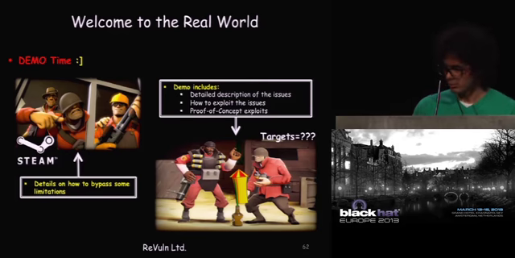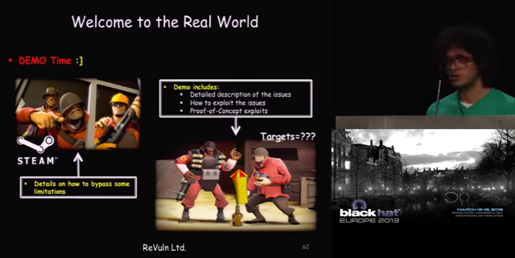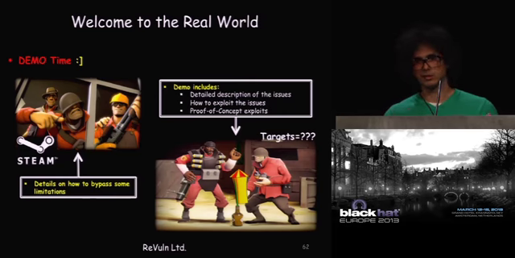Okay, now we're going to see some vulnerabilities and design issues affecting games and game-related software. It's important to note that these vulnerabilities are exploitable via web browsers, and additionally, they don't require anti-mitigation techniques.